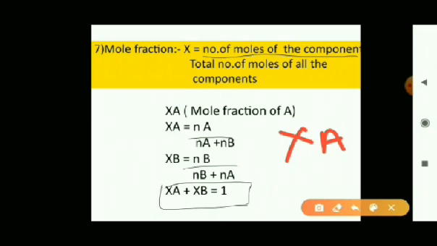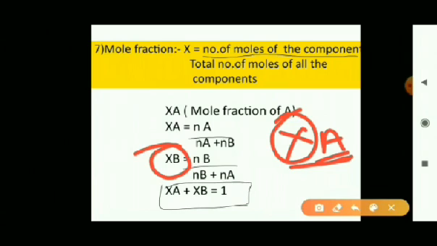It will be read as mole fraction of A. And for B, if the mole fraction of B is given, how will you write it? You will write XB, that is the mole fraction of B.